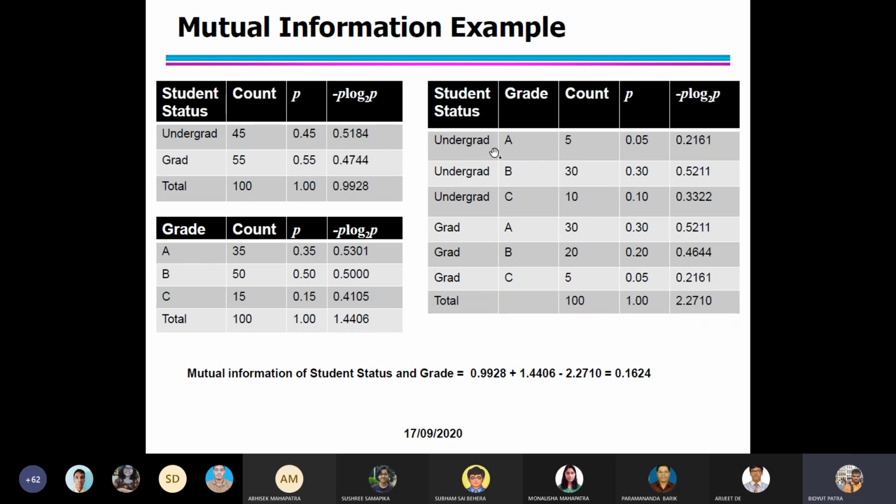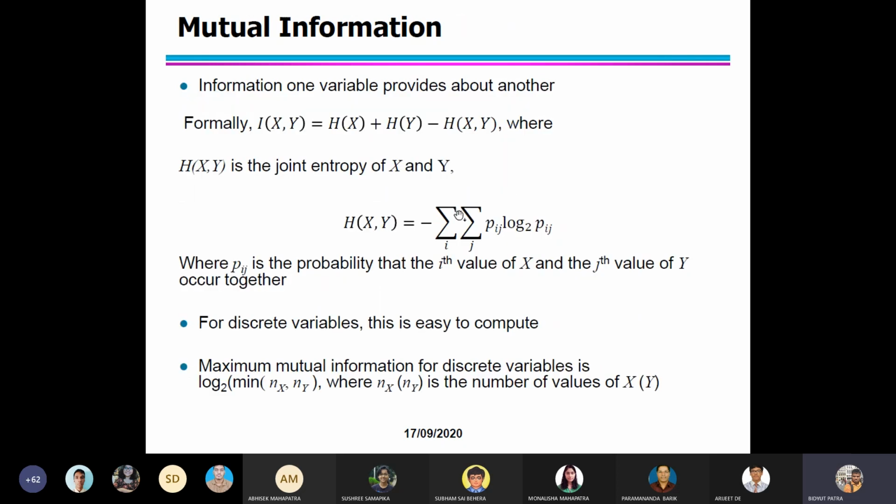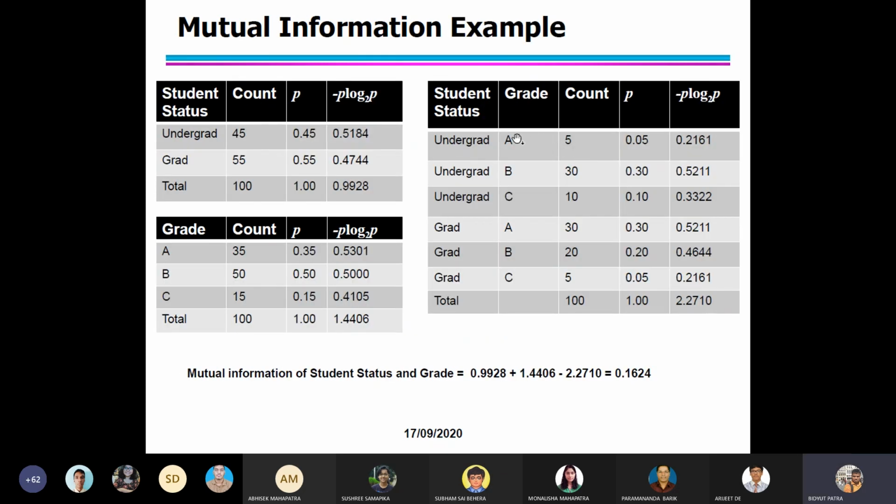So undergraduate with A, count 5, we got it, and this probability is 0.05, and then we can compute it here. In the previous slide we had a summation over ij. Now we got Pij. Pij is nothing but, for undergraduate A, this combination will give the value here, and then you take the log of this value. Similarly, this one, this one, and so on.